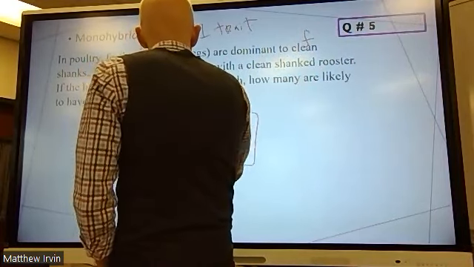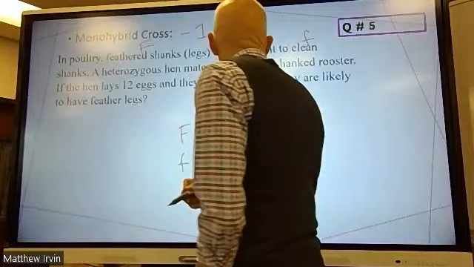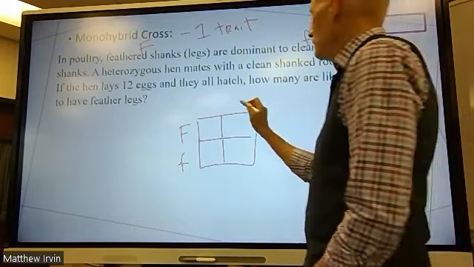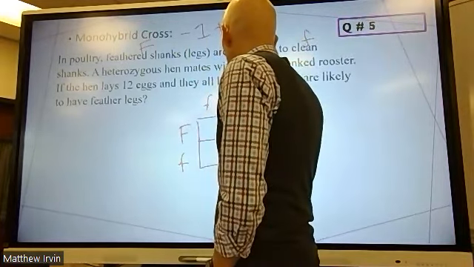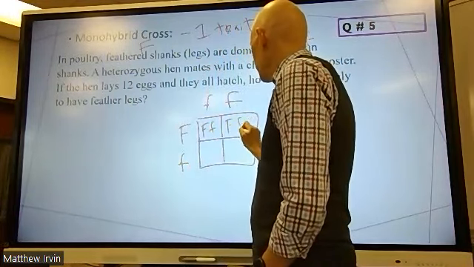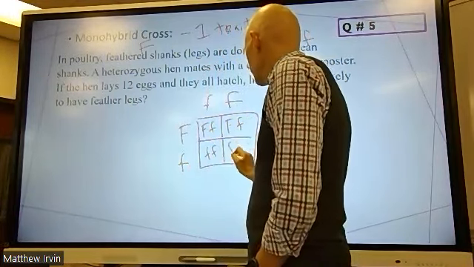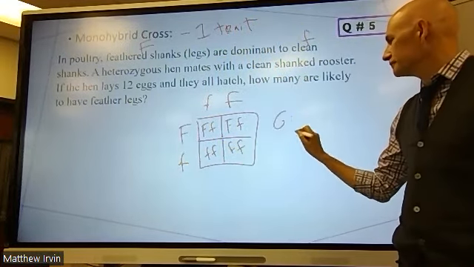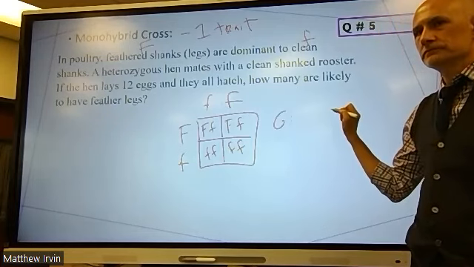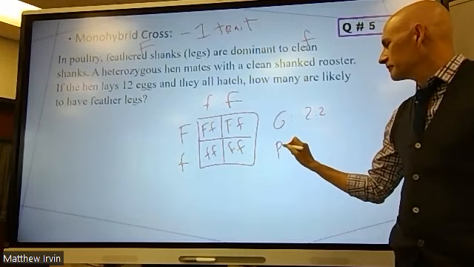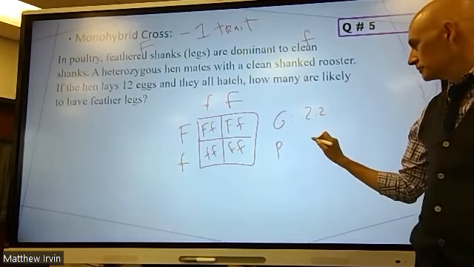If that is crossed with a clean shanked rooster, so if he is showing the recessive trait, he has to be little f, little f. And so then we do our cross: big F, little f, by little f, little f. So then our genotypic ratio is 2 to 2, and our phenotypic ratio is 2 to 2.